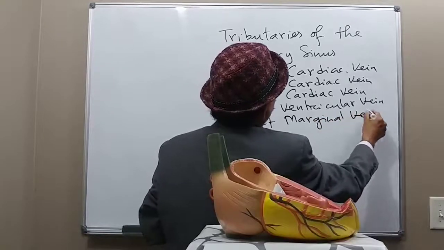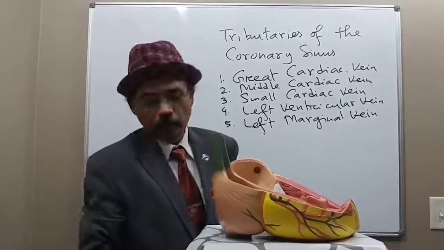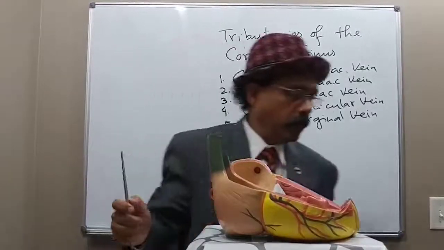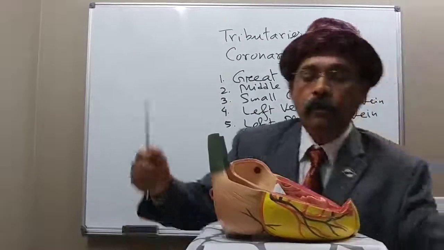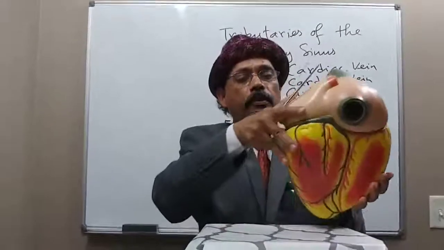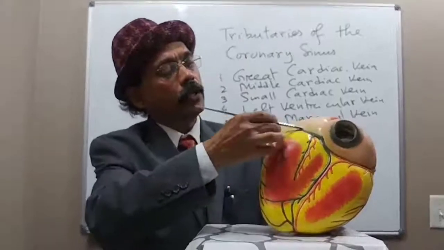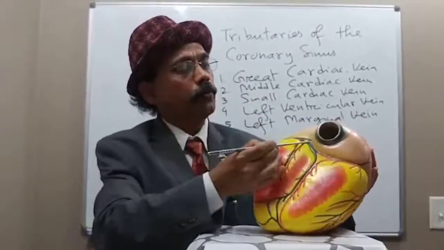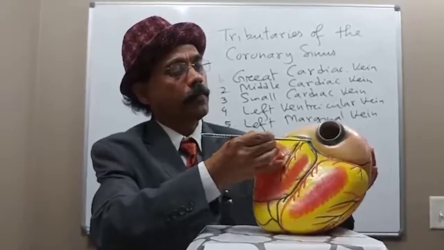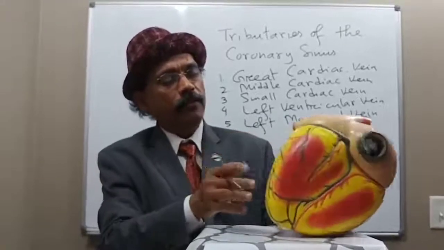Okay, we'll identify all of them here in our model. This is the coronary sinus here. This is the small cardiac vein here. We have some left ventricular vein.